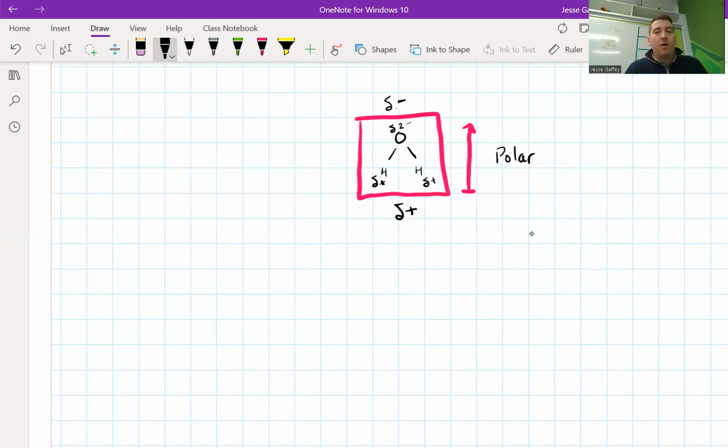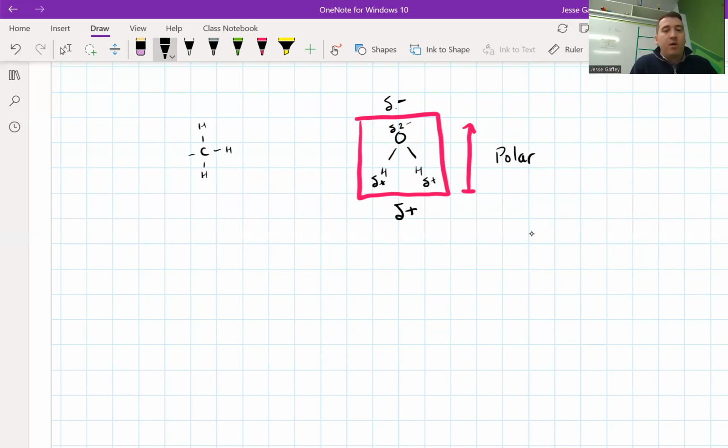It's got two oppositely charged ends. Now, if we want something to combine and dissolve and mix with water, then it should also be polar because that lets the new molecule that we're adding into the water interact through either dipole-dipole attraction or hydrogen bonding with the water.